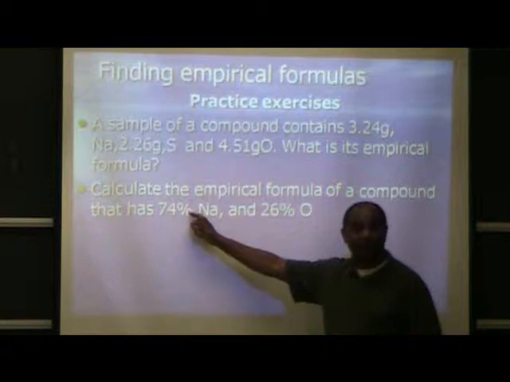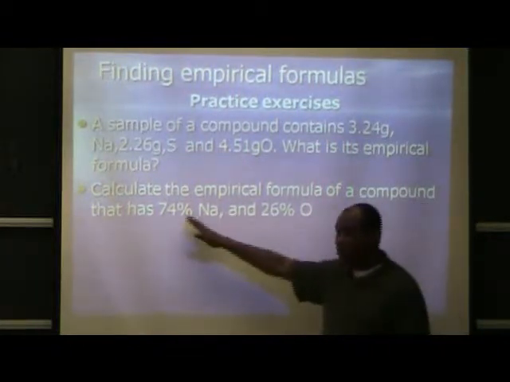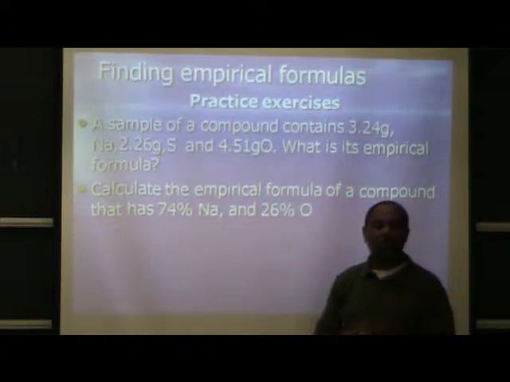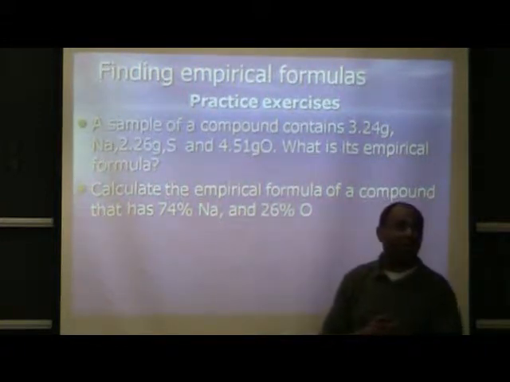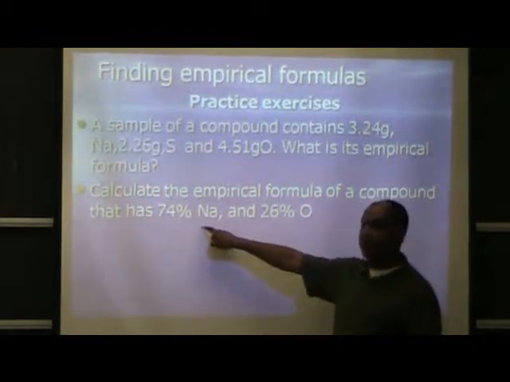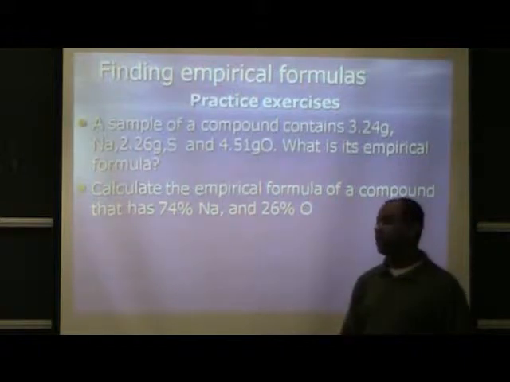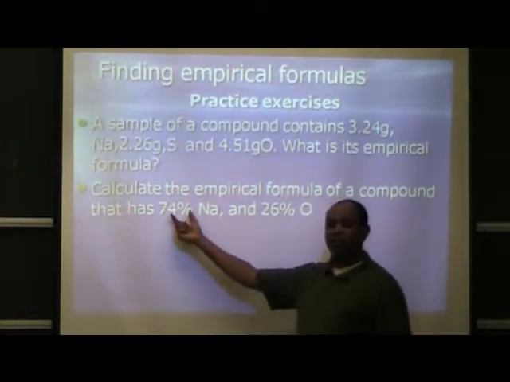74% is 74 grams. 26% is 26 grams, okay? Once you have this, what's the next step? Divide by their atomic weight. That means you divide 74 by 23, and you divide 26 by 16. If you divide 74 by 23, what do you get?